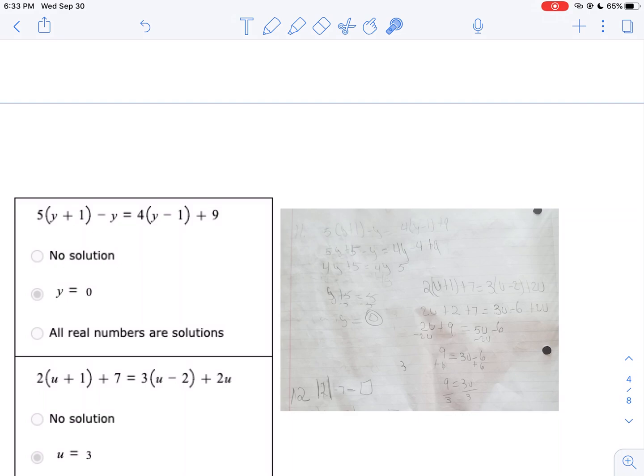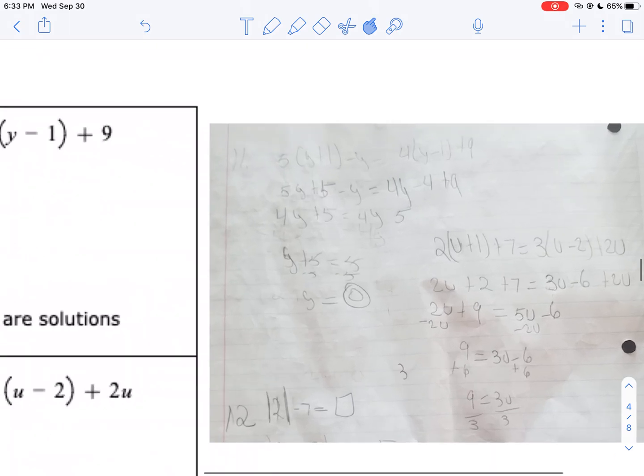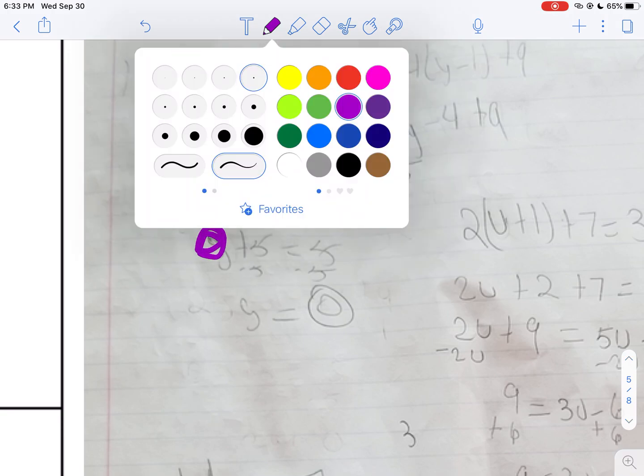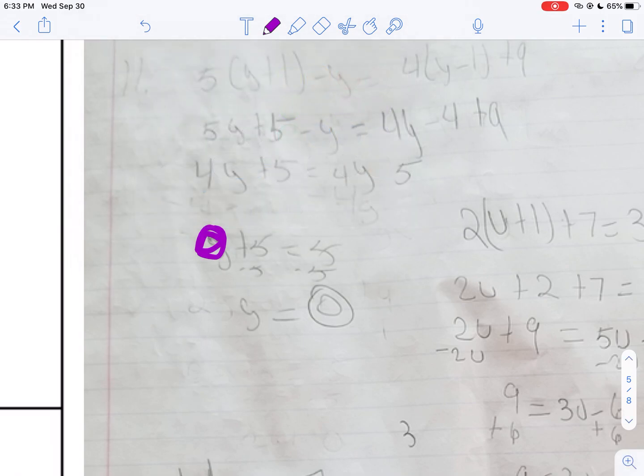How many apples do I have left? Well, I'm hoping you said, hey, Mr. Griff, that's kind of a dumb question. I have 0 left. That's right. So when you take 4y minus 4y right here, you don't get y. It's gone. This is 0. So your equation at this point is 0 plus 5 equals 5.